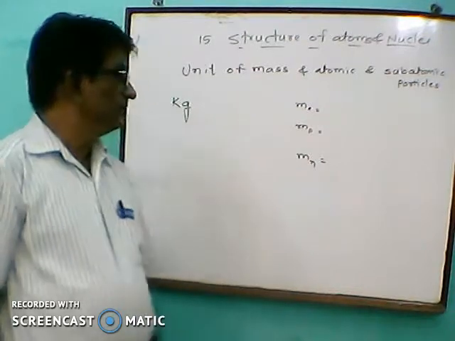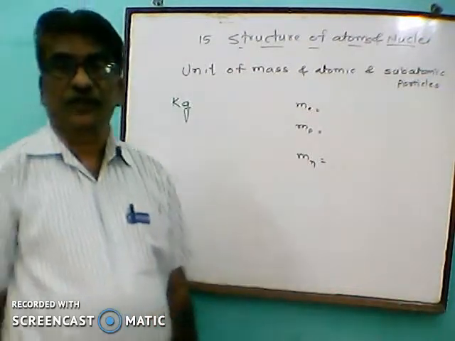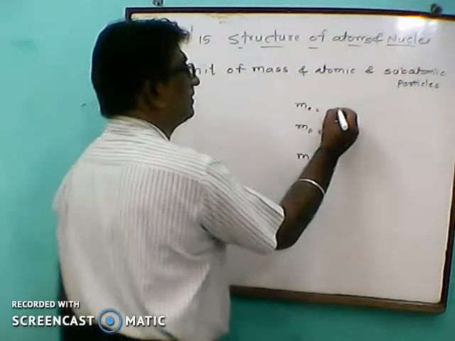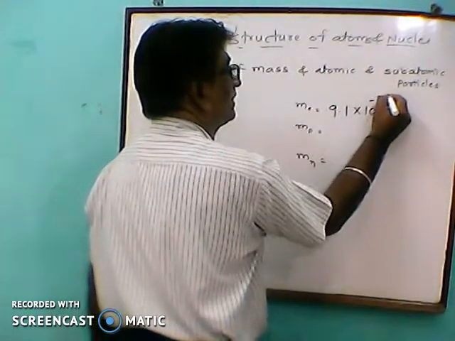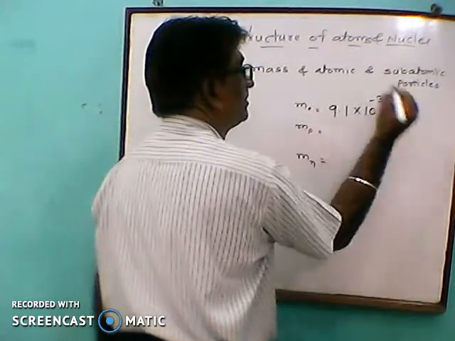For electron, the mass of electron is 9.1 into 10 to the power minus 31 kg.